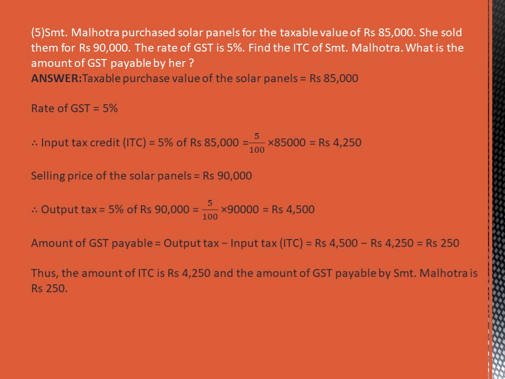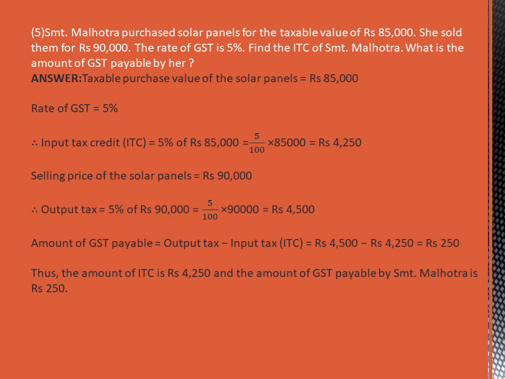What is the rate of GST given? 5%. Then input tax credit is 5% of the taxable value, that is 5% of 85,000, which is 4,250. But what is the selling price? 90,000. On the selling price we calculate the output tax. 5% of 90,000 is 4,500.